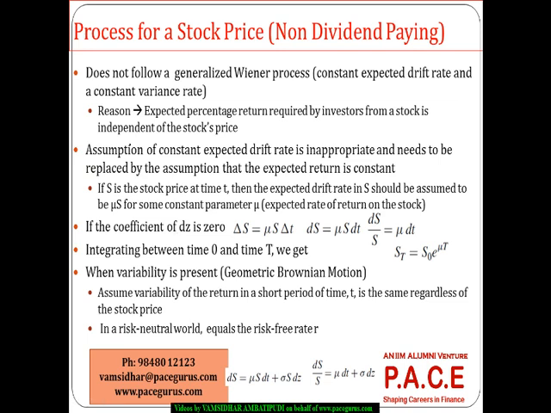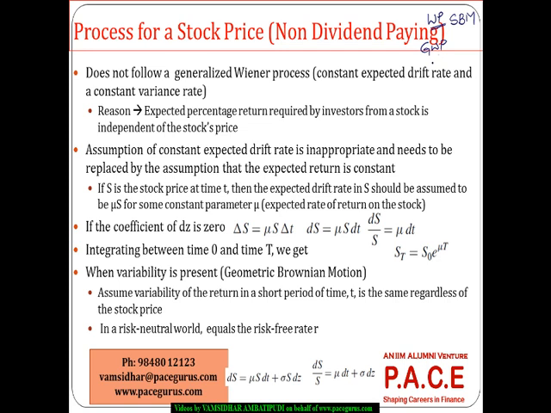Now, using these three, right now we have seen three types of processes. One being the standard Brownian motion process, which is the regular Wiener process. Then we have generalized the Wiener process by bringing in a constant drift rate and a constant volatility.